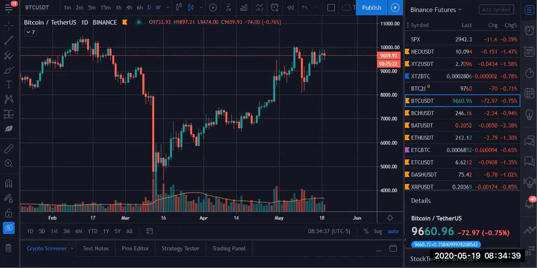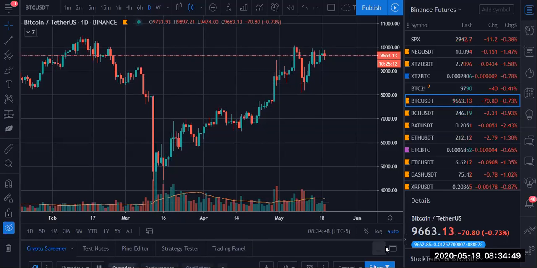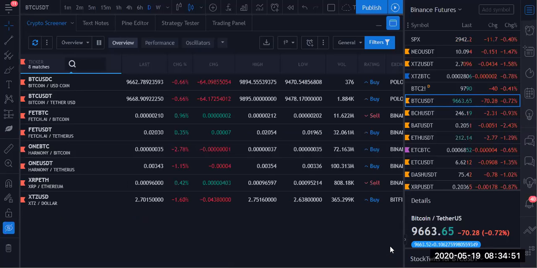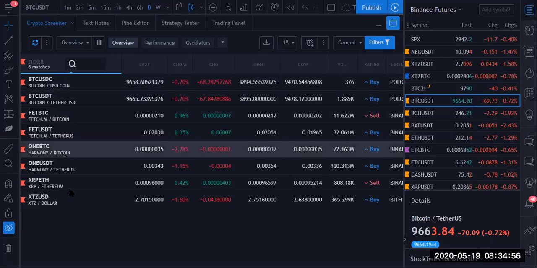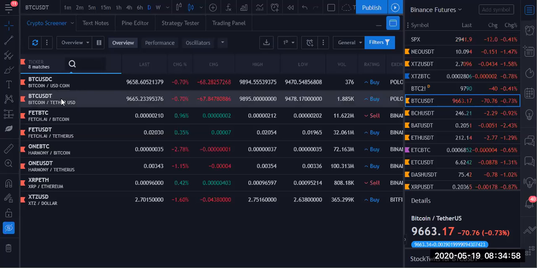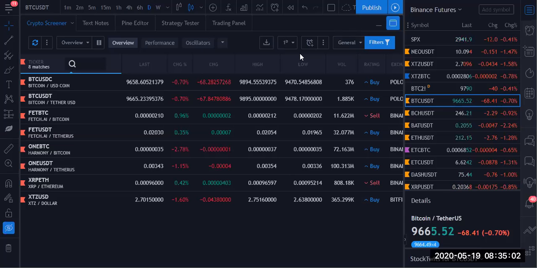But they also have something on TradingView called Crypto Screener. And for some reason, why is this not up? I don't know what was going on. These are not my settings at all.